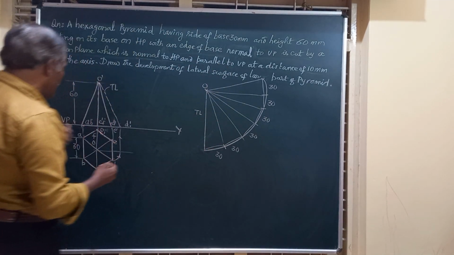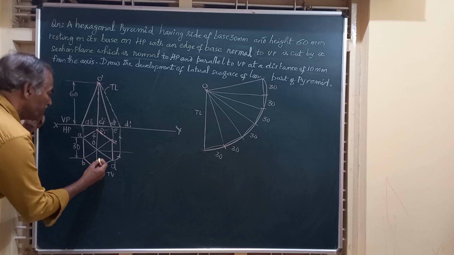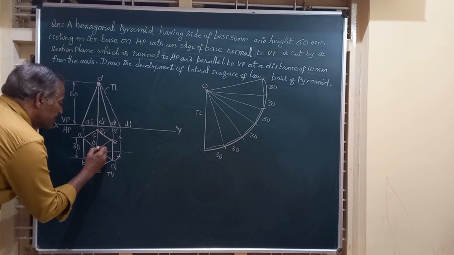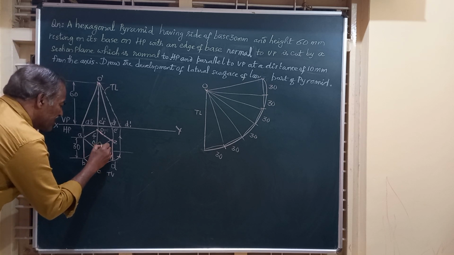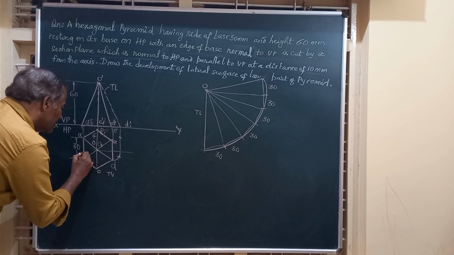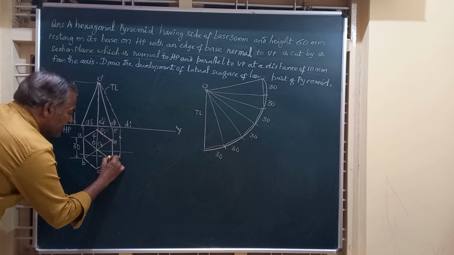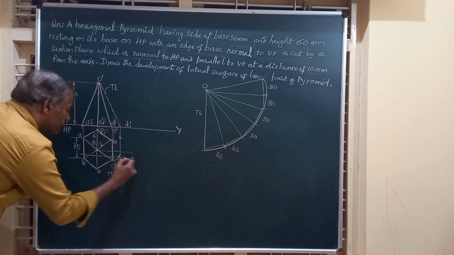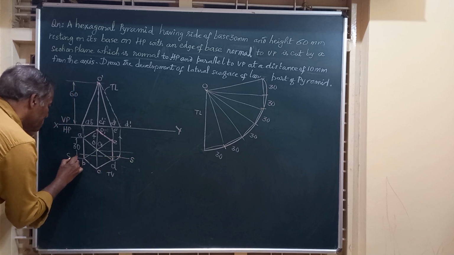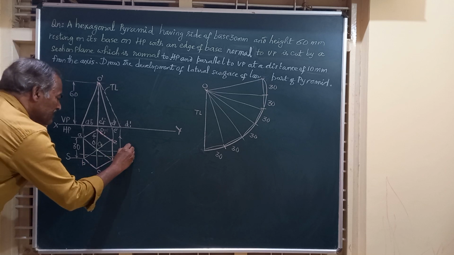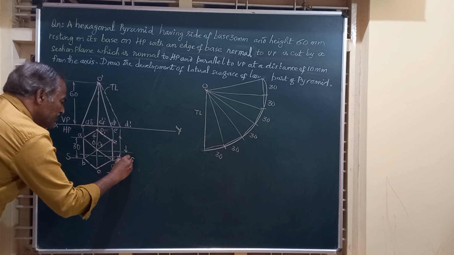So friends, I am going to mark here from this vertex or the axis O1 a distance of 10 millimeter. This line will represent the section plane SS, which is at a distance of 10 millimeter from the axis.